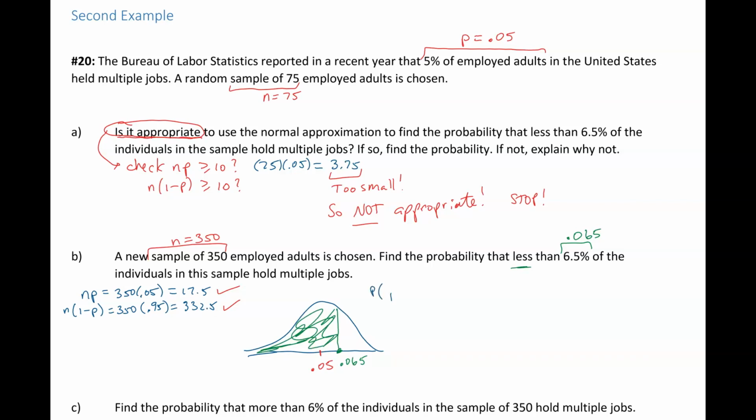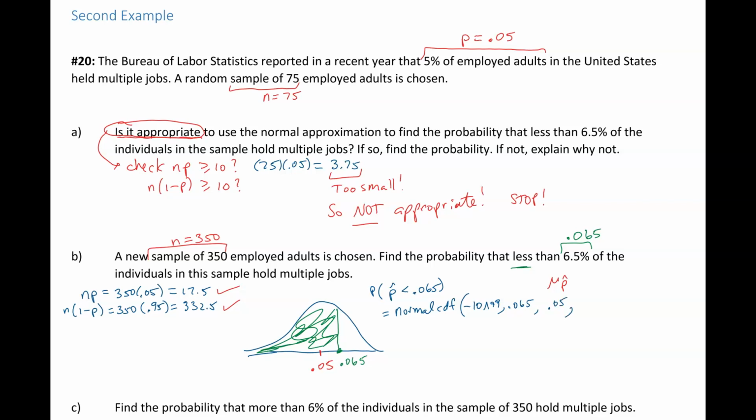So the probability that a sample proportion is less than 0.065 would be normal CDF. The left boundary would be negative 10 to the 99, right boundary 0.065. And then remember, for the mean of the sample proportions, we use the population P. So that's going to be 0.05 from the original problem.